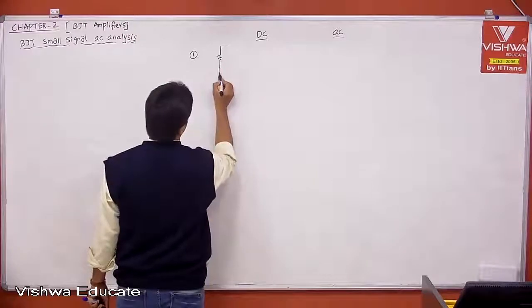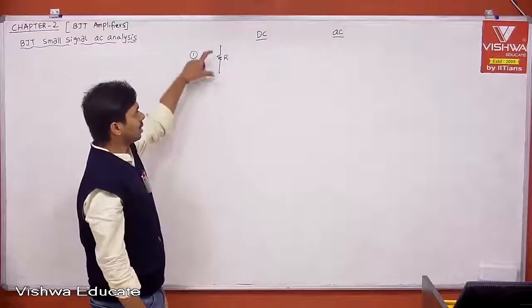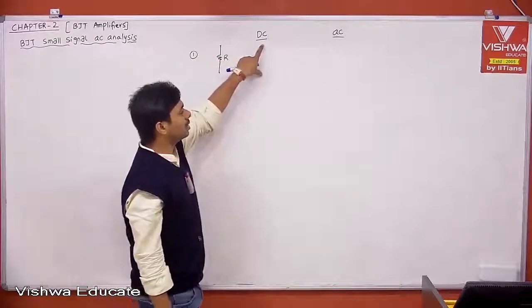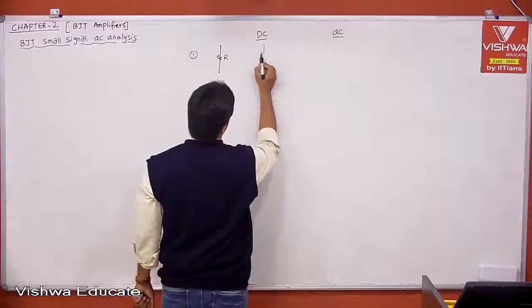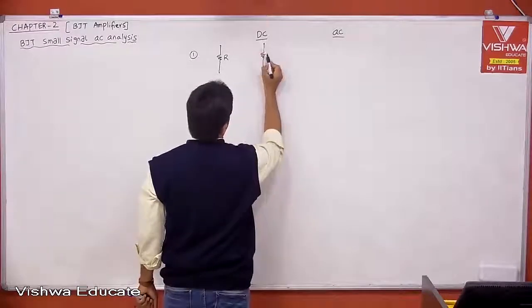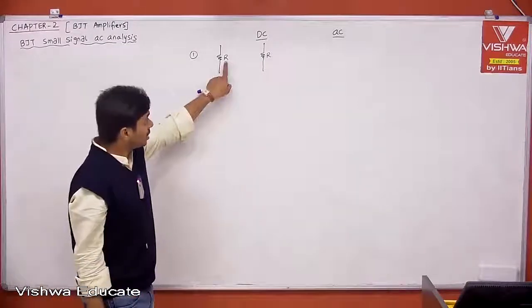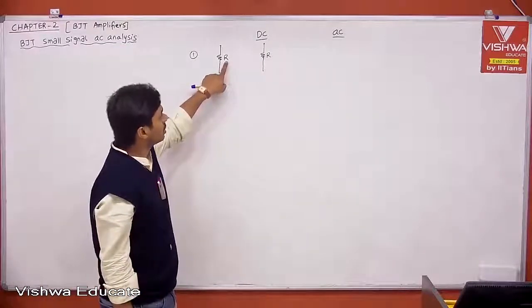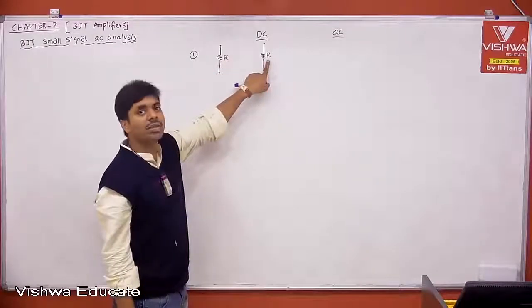Now tell me the resistor, under DC, how is it represented? Resistor only, it won't change. It is a resistor only, because the resistance value won't change with respect to frequency.